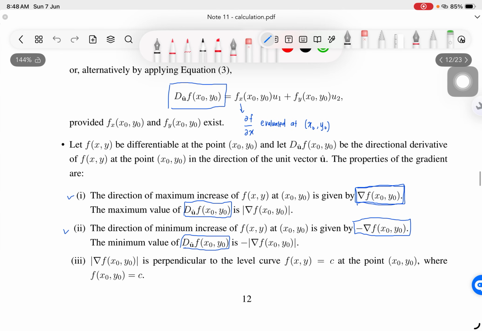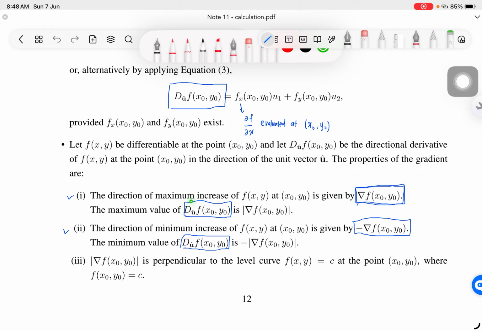So the direction of maximum increase is given by del f at x0, y0. The maximum value of the directional derivative is the positive magnitude of this one.